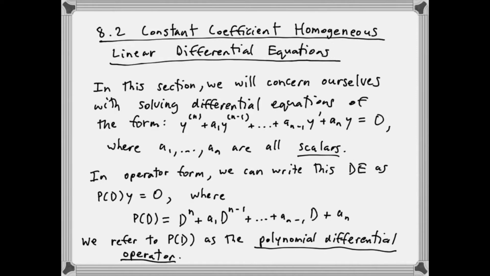We have another piece of terminology here, okay? We can actually define a normal polynomial, not a differential polynomial, by just replacing all the D's with a regular variable. For this, we usually use the letter r. So this is a definition.